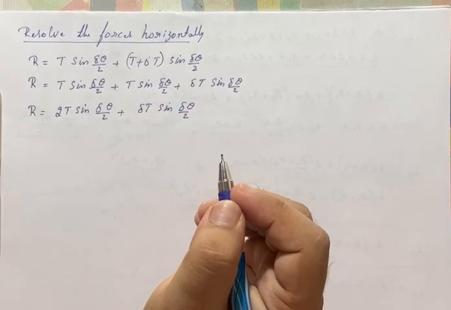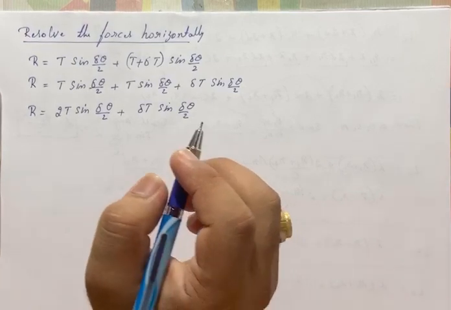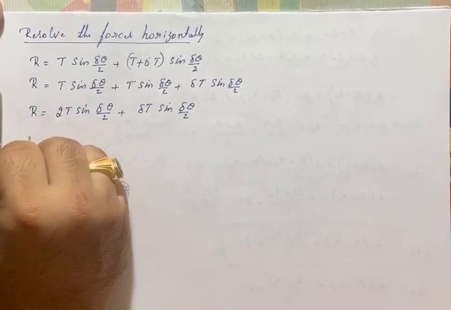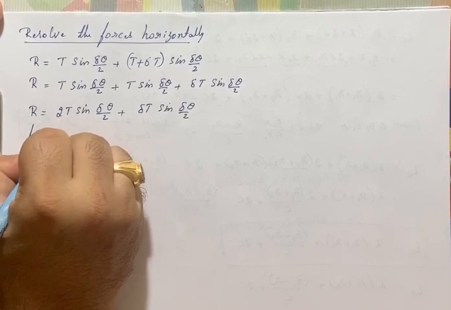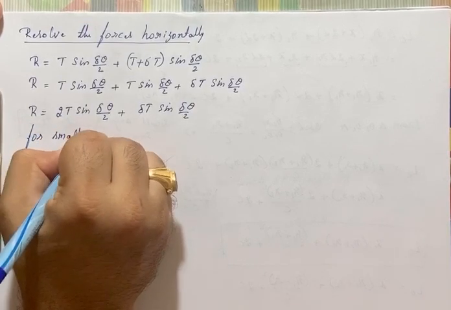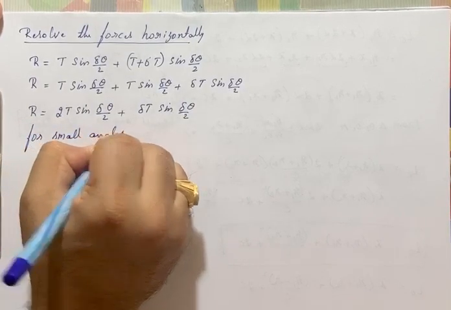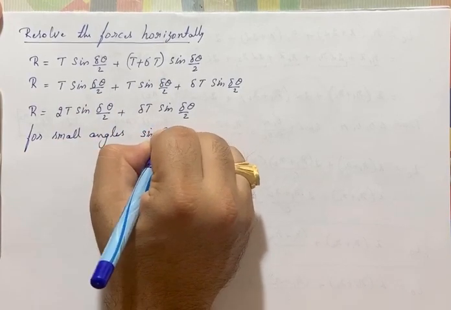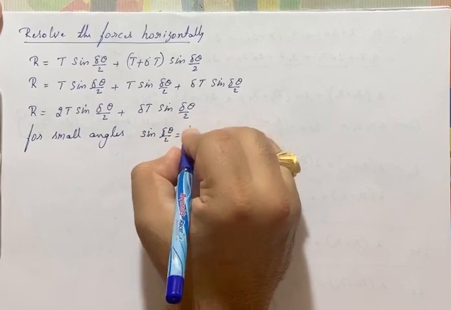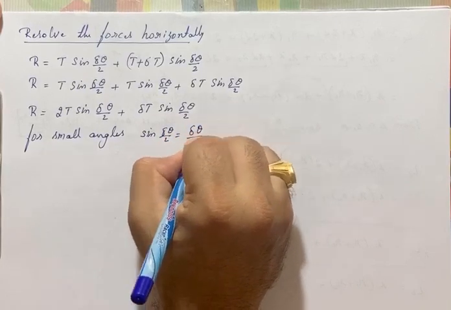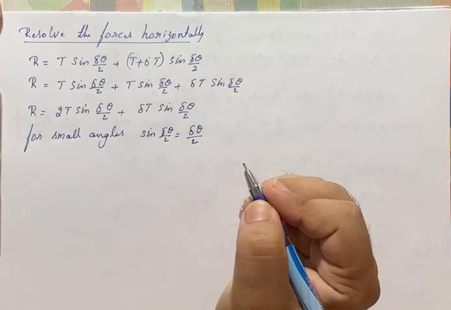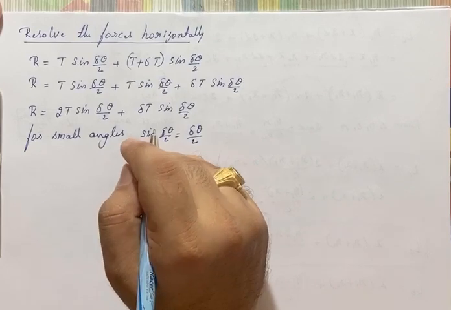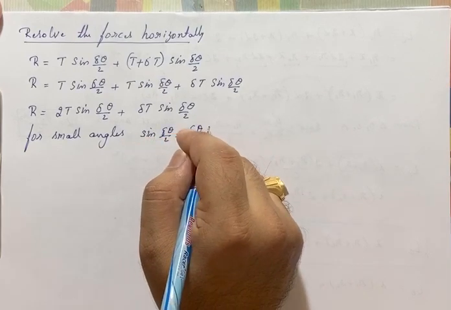Now, as we know, for small angles, sin delta theta by 2 is equal to delta theta by 2.